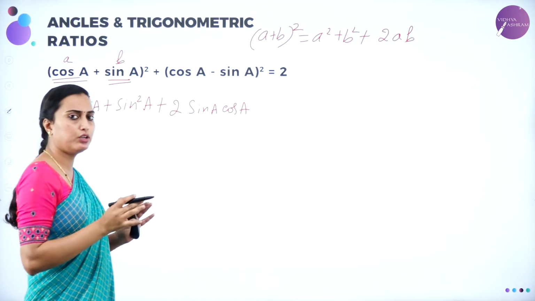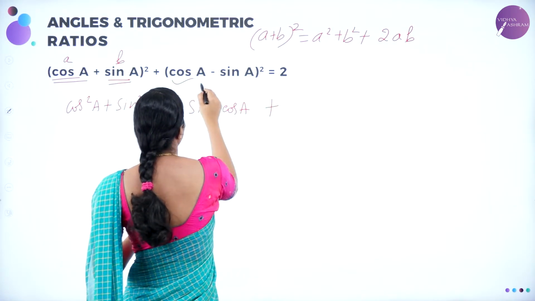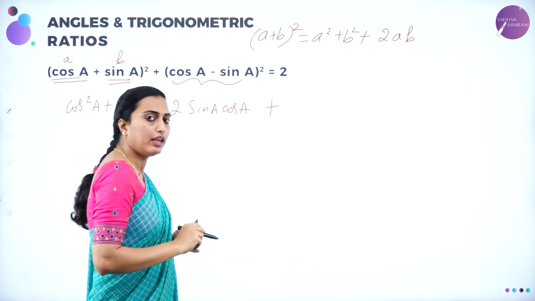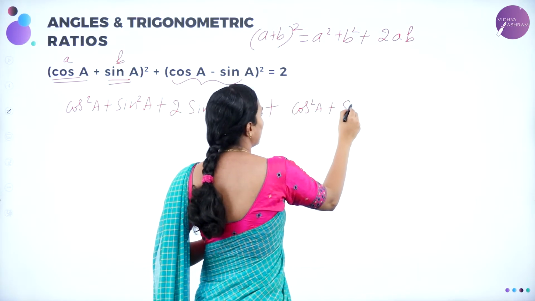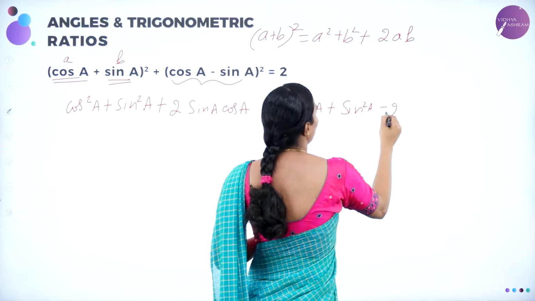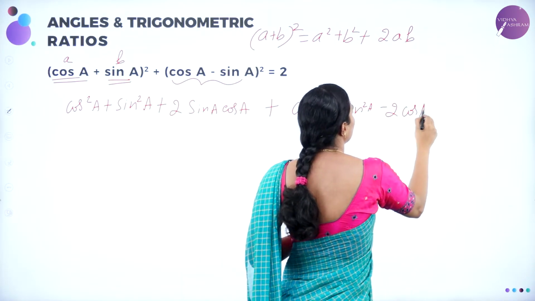If you multiply either 2 into 3 or 3 into 2, both are the same. So plus, again this is nothing but A minus B whole squared. A minus B whole squared is A squared, that is cos squared A, plus sin squared A minus 2AB, that is 2 cos A into sin A, correct?